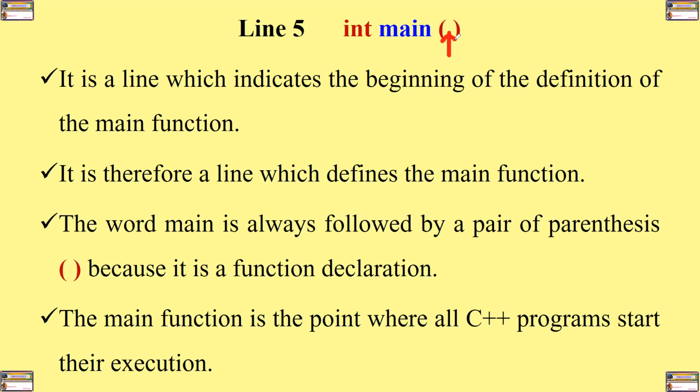But in the program that I'm using to demonstrate how to write a C++ program, I don't have any arguments, nor do I have any parameters. But if we had them, we could include them within the pair of parentheses.